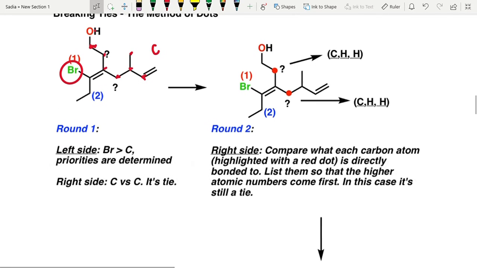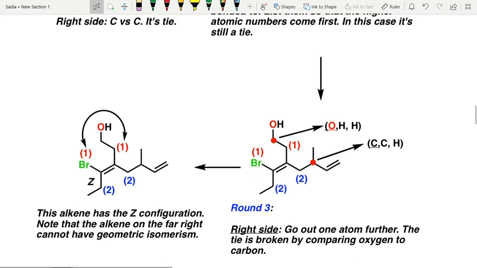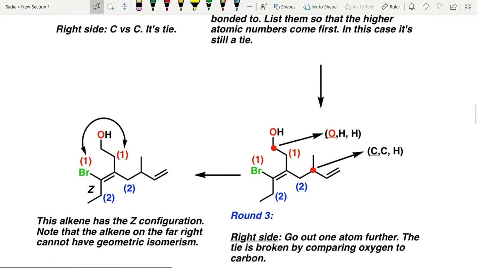The same thing has been written over here. See, we'll consider carbon and oxygen in this case, and we'll say that oxygen has higher molecular mass than carbon. That is why it is taken as the high priority group.